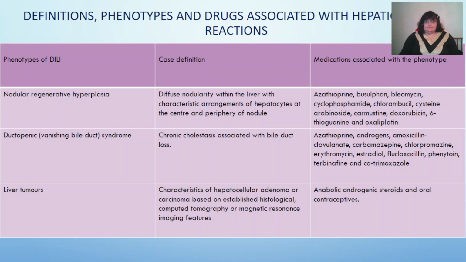Liver tumors: characteristics of hepatocellular adenoma or carcinoma based on establishing histological, computed tomography, or magnetic resonance imaging features. Anabolic androgenic steroids and oral contraceptives are the medications associated with this phenotype.